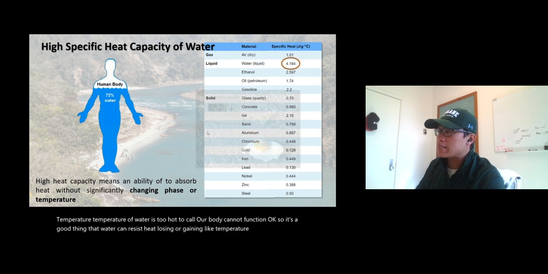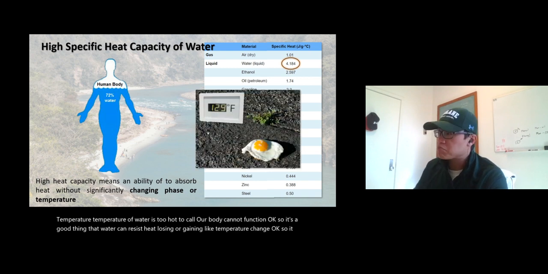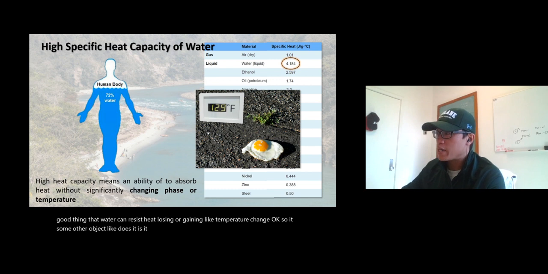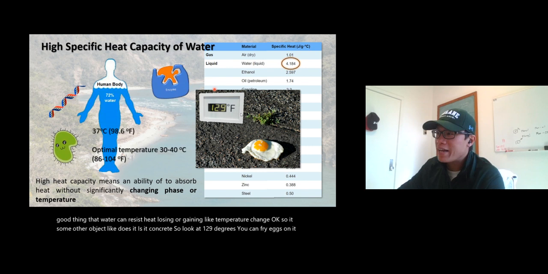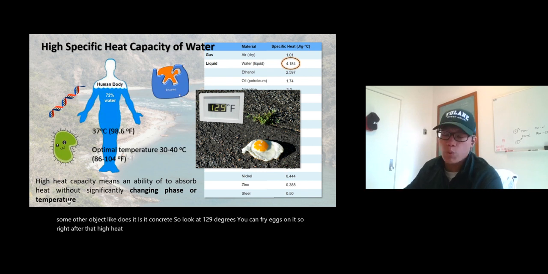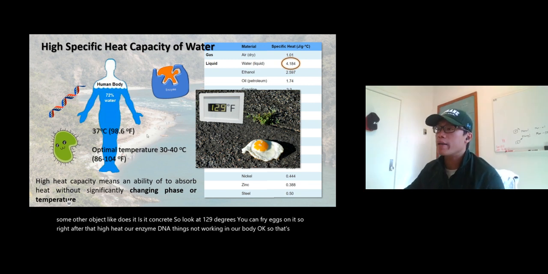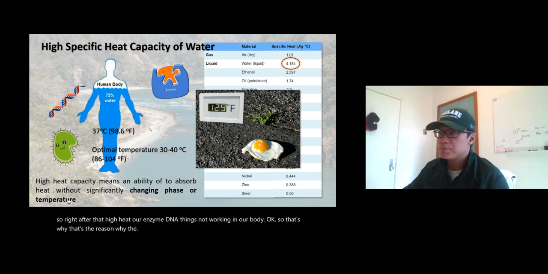If some other object, like concrete, reaches 129 degrees, you can fry eggs on it. At that high heat, our enzymes and DNA would not work in our body. So that's the reason why we have a lot of water in our body.